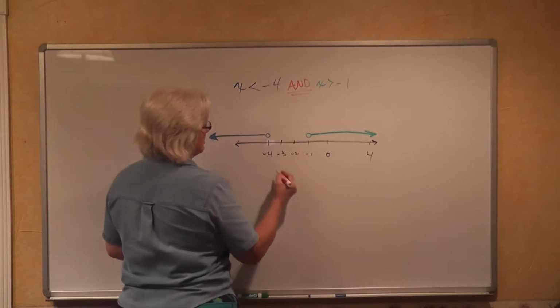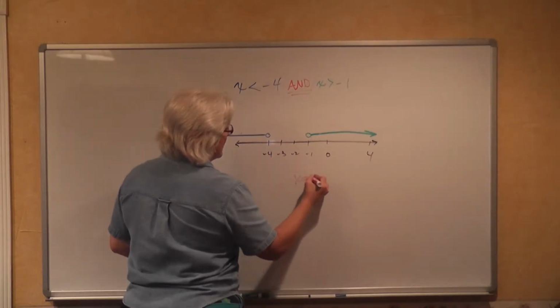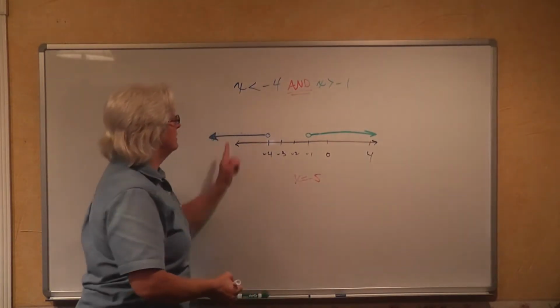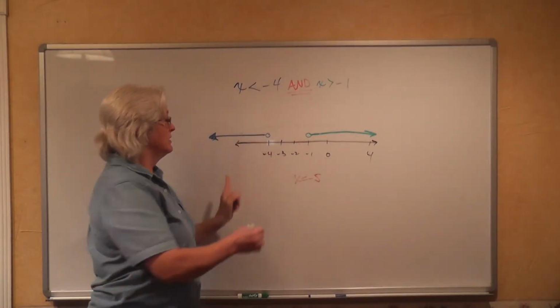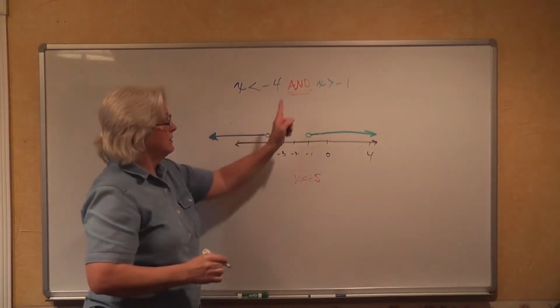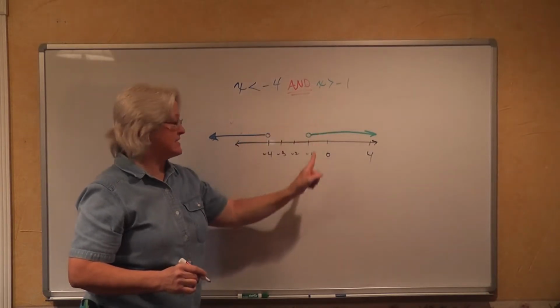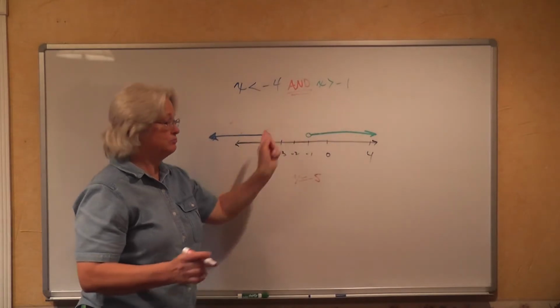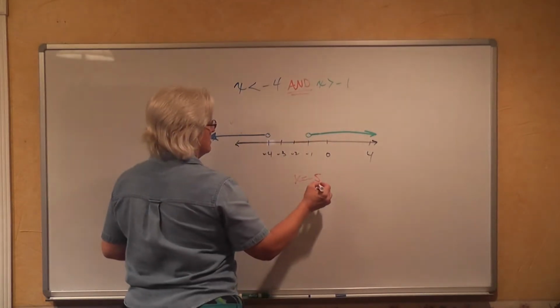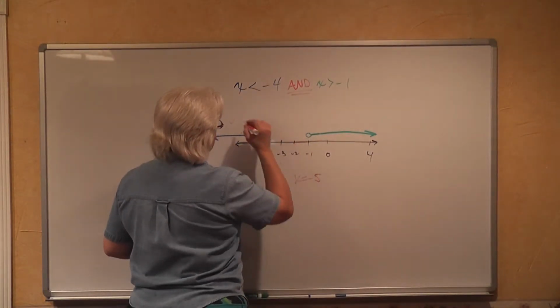What happens if I try x is equal to negative 5? Does x equal to negative 5 work here as a part of the solution? Yeah. But does it work here? Is negative 5 greater than negative 1? No. So, negative 5 doesn't work.